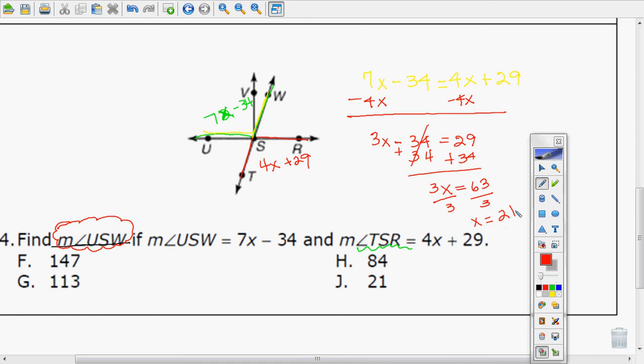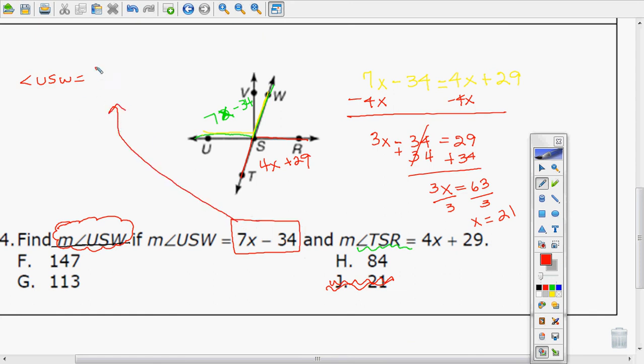I'm not finished though. I'm not trying to find x here. Here I can cross it out and not be wrong, because x is 21, but we want USW. USW is this, 7x minus 34.